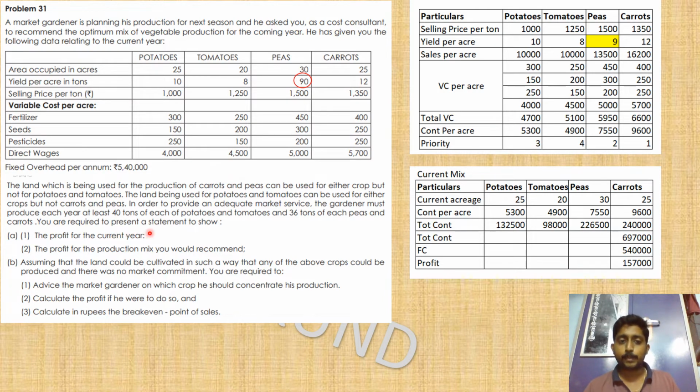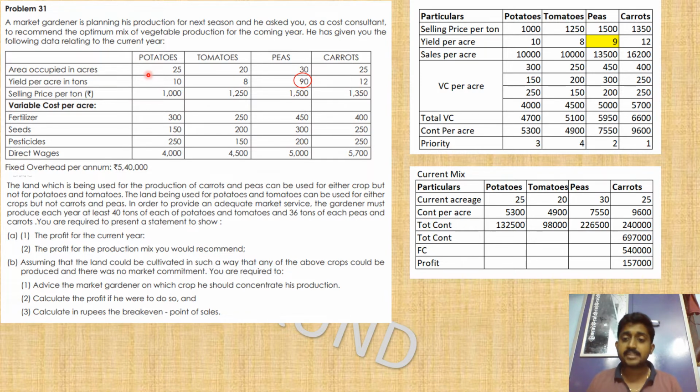You are required to present the statement to show profit for the current year, which means the land allocation is already done in the question. So as per the land allocation done in the question, for the current year, find the profit. And then the profit for the product mix you would recommend. If this is not a profitable mix, based on the priority matrix, what will we do?